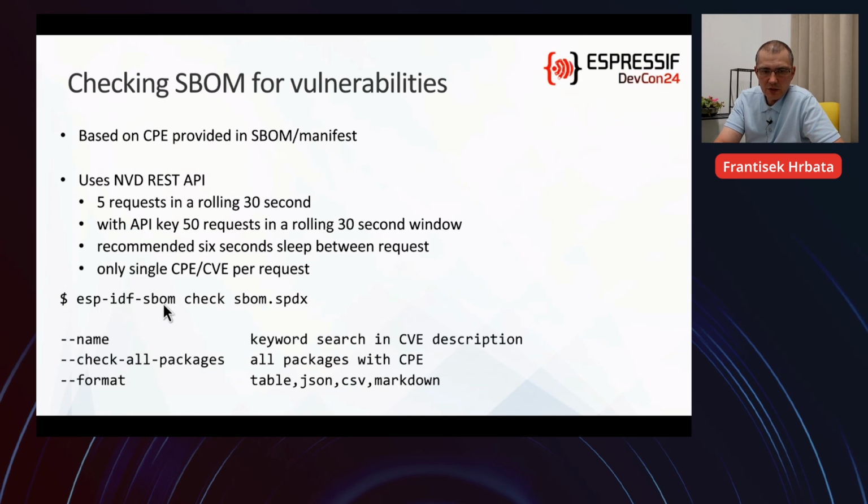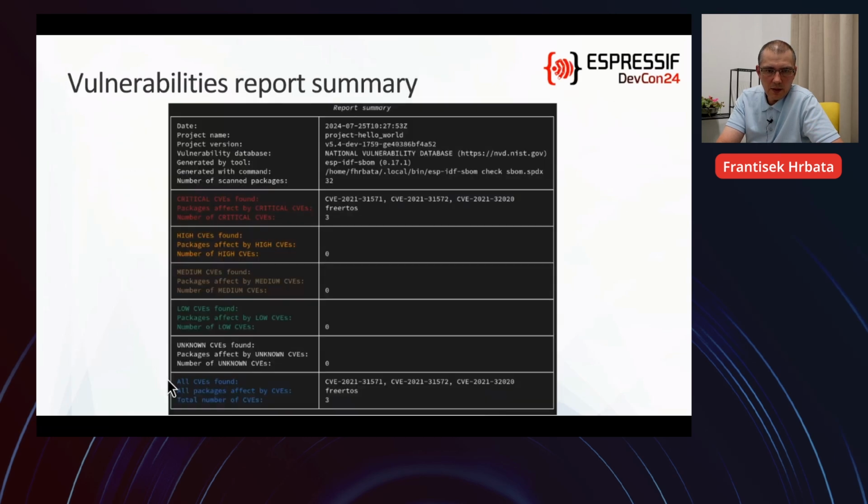You can simply check the SBOM by running esp-idf-sbom check and the SBOM file. There are other options, but you can find more information in the GitHub documentation if you would like to. Here is an example of a report. In the beginning of the report is a report summary, where you can see the overall result.